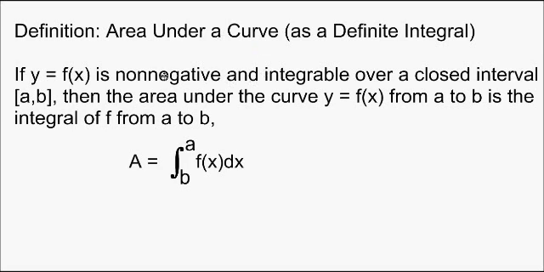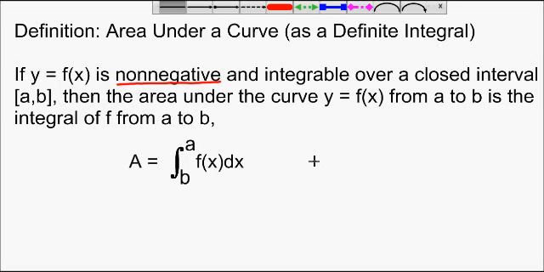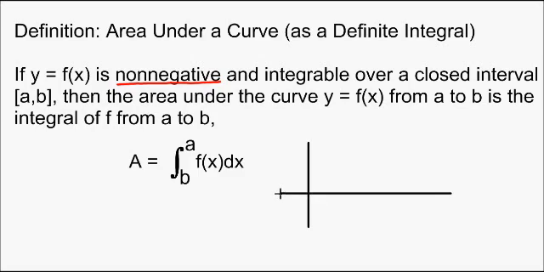Okay, so the important part here is that your function has to be non-negative. So this does not apply at this moment to a function like this. So if this is at x equals 10, I could not find the area under this curve from 0 to 10 because this part is negative. So this is only working for the positive stuff. We'll deal with negative in a little bit.